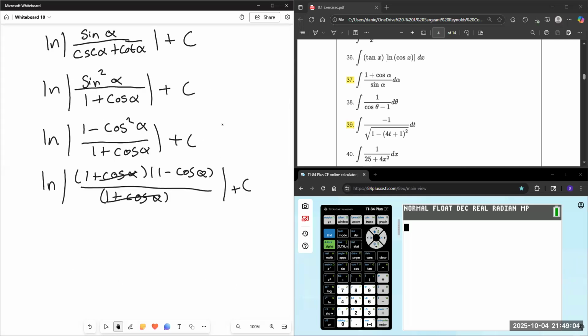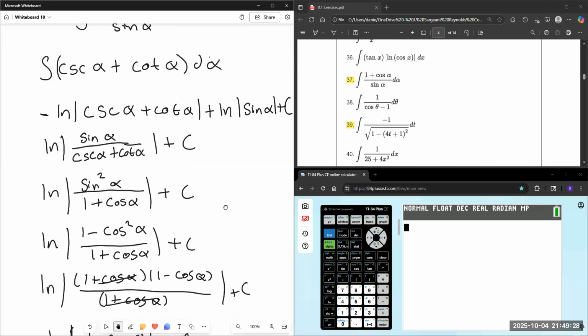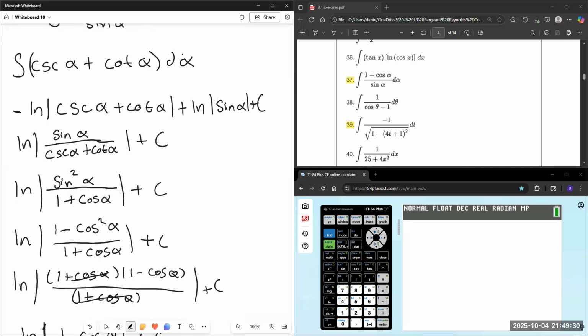And the most simplified form to me is ln of absolute value of 1 minus cosine of alpha plus c. But the book is going to leave it all the way up here.